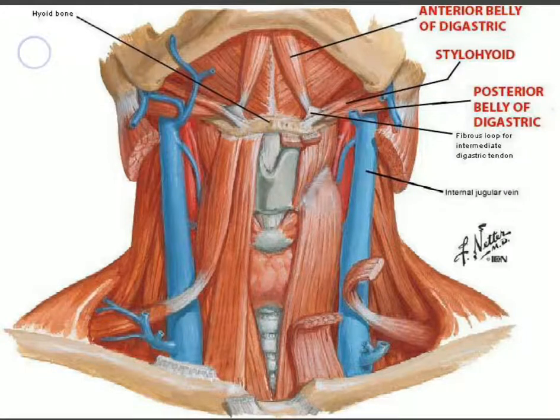And basically this muscle is attached to the oblique line on the thyroid cartilage, and it extends up to the apex of the thyroid gland. So this attachment limits the apex of the thyroid gland. And the apex is also related to the superior thyroid artery and the external laryngeal nerve. These 2 are very important relations of the apex of the thyroid gland.